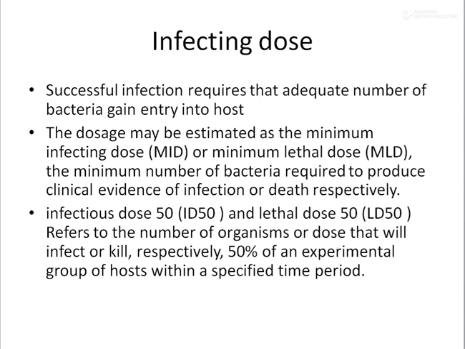To make it more statistically significant, we use the terms infectious dose 50 and lethal dose 50, which represent the dose that will infect or kill, respectively, 50% of an experimental group of hosts within a specified time period.